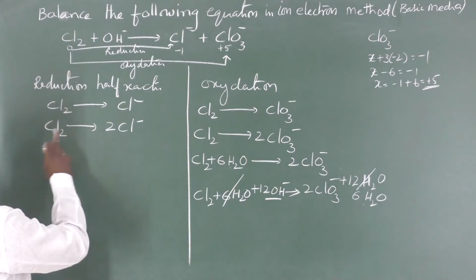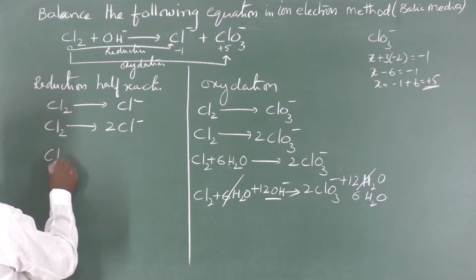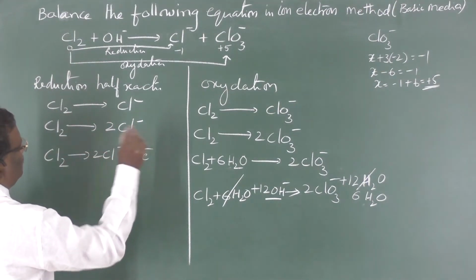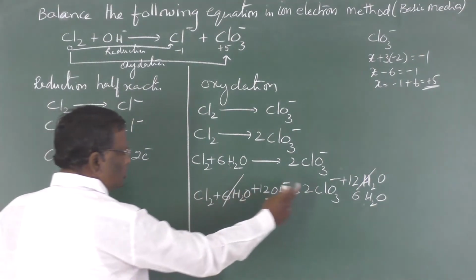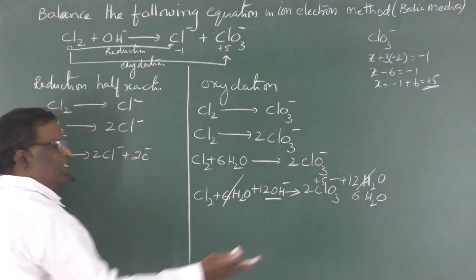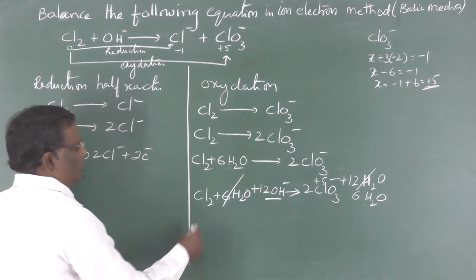Now electrons. This side 0 to minus 1 and 2 chlorines are there. So in reduction half reaction, 2 electrons are absorbed, 2 Cl minus. Here from 0 to plus 5, that means 5 electrons are released, 2 chlorine atoms are there, as a whole 10 electrons are released.